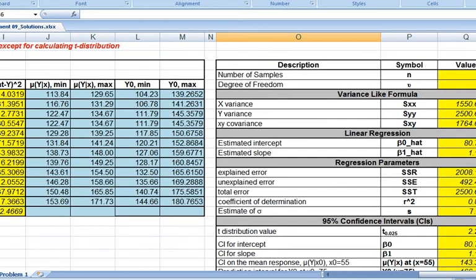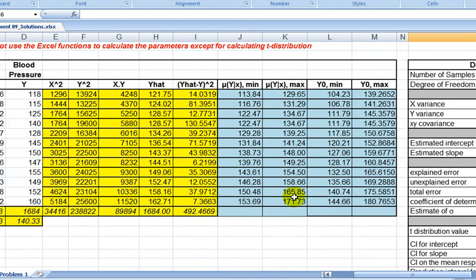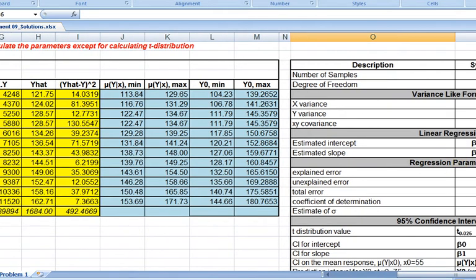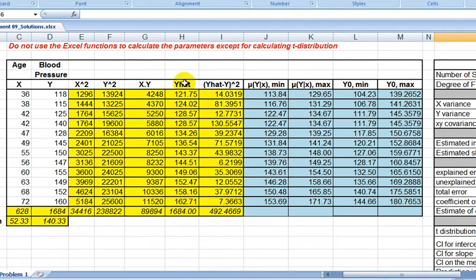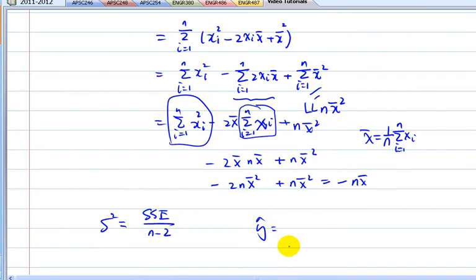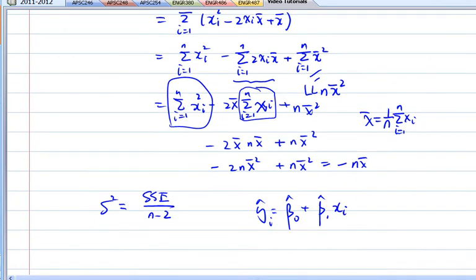The other thing is, for this cell here, for the (y hat minus y) squared, you can fill this cell once you find beta naught hat and beta 1 hat. So this y hat here is basically equal to beta naught hat plus beta 1 hat times xi. So that's how y hat is.